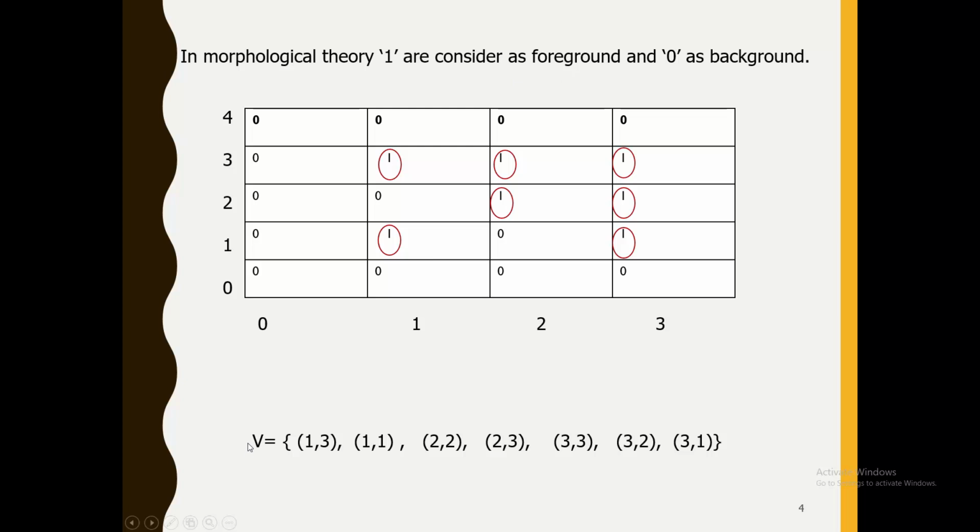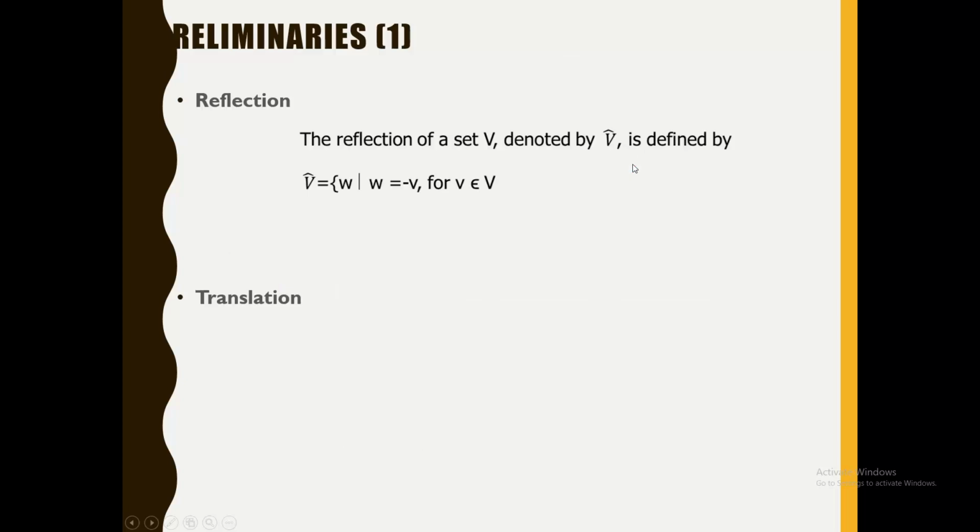So here V consists of the locations 1 comma 1, 1 comma 3, 2 comma 2, 2 comma 3, 3 comma 1, 3 comma 2 and 3 comma 3.